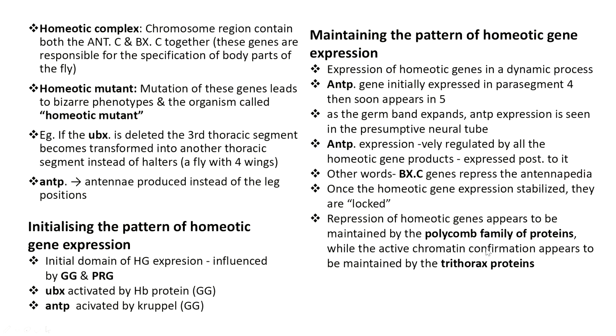See, the homeotic complex. We already explained something about the homeotic complex and the different types of genes and their expressions. Here the homeotic complex chromosome region contains both the antennapedia complex and the bithorax complex, together known as the homeotic complex. These genes are also responsible for the specification of body parts of the fly. Then, what is a homeotic mutant?